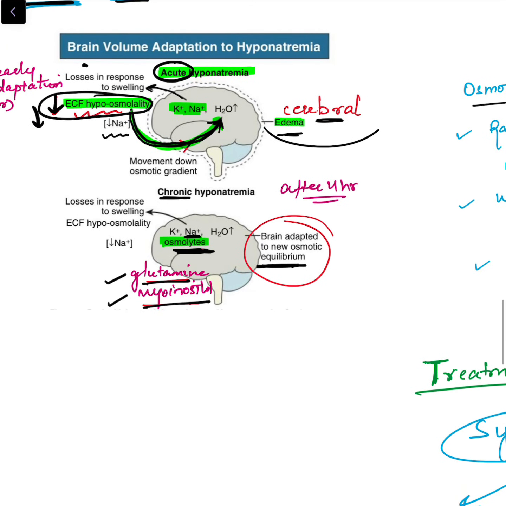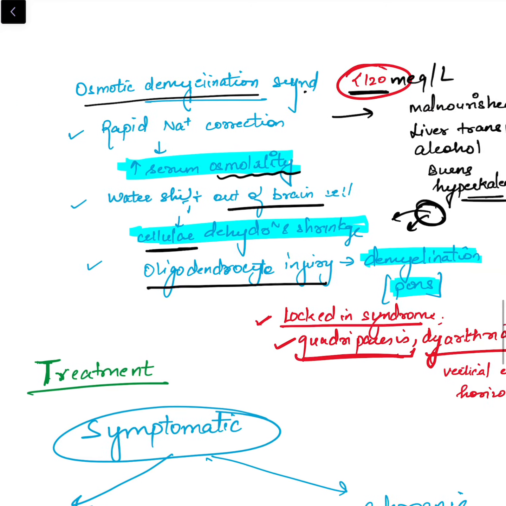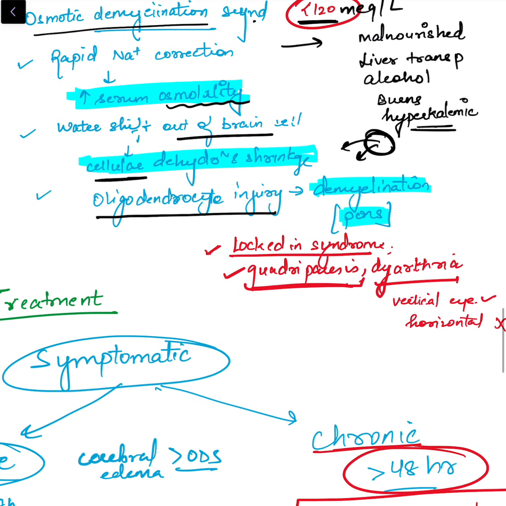Generally, water moves inside the cell because there is hypoosmolality. If you try to correct this rapidly by giving NaCl, water will move out of the cell, causing cellular shrinkage and dehydration.